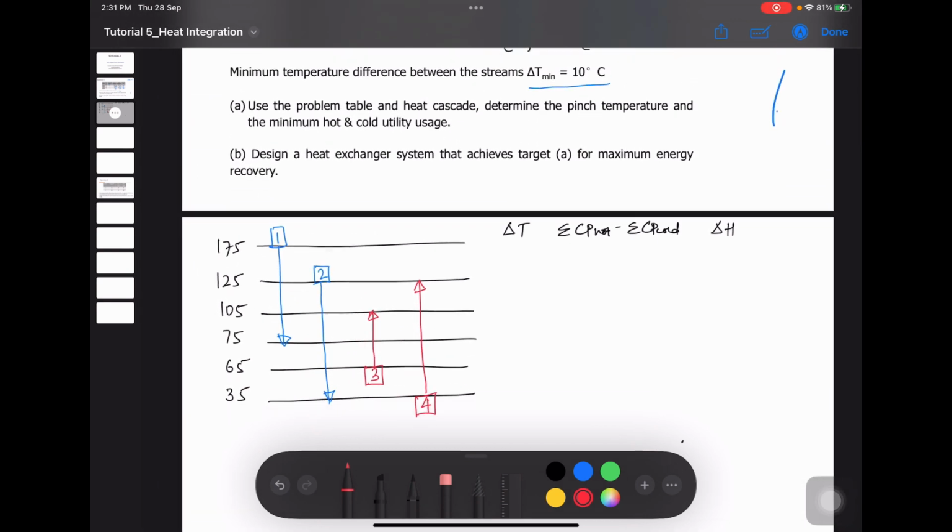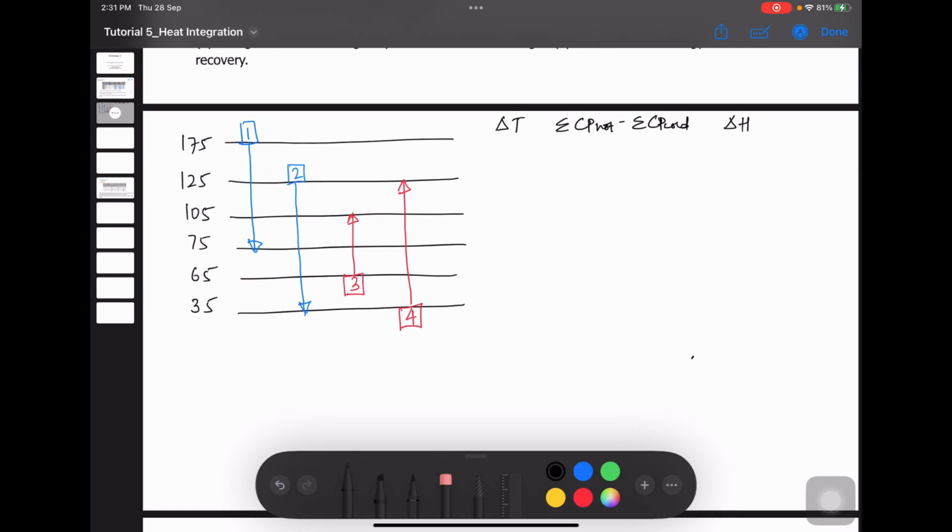Okay, I'm going to write the CP of each stream. This is 1, 2, 4 and 1.8.